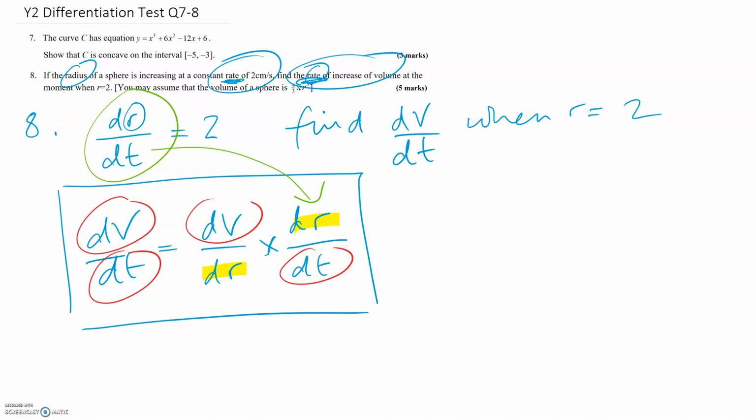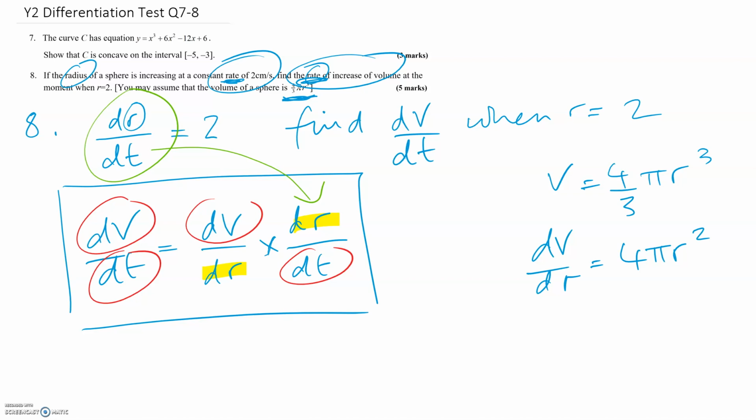In order to do that, we need a formula connecting V and r. Fortunately, the question helps us out. The volume of a sphere, which you probably came across at GCSE, is 4/3 pi r cubed. So to find dV by dr, we differentiate this, which gives us 4 pi r squared.